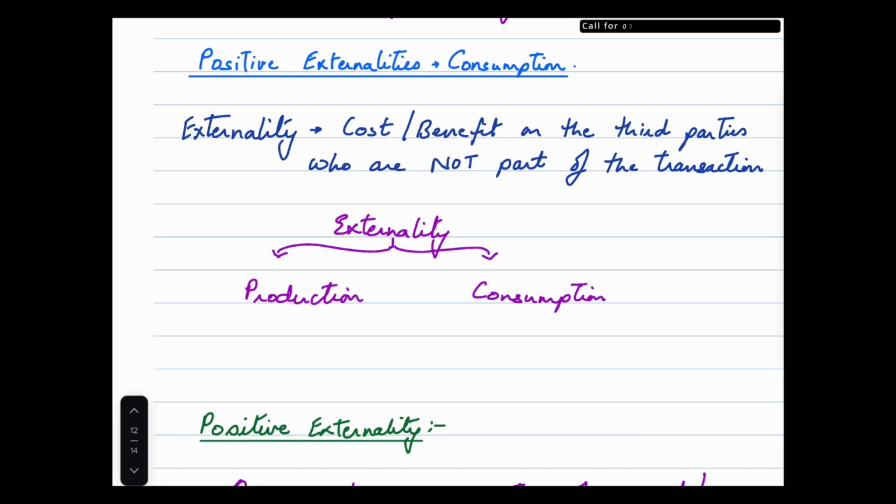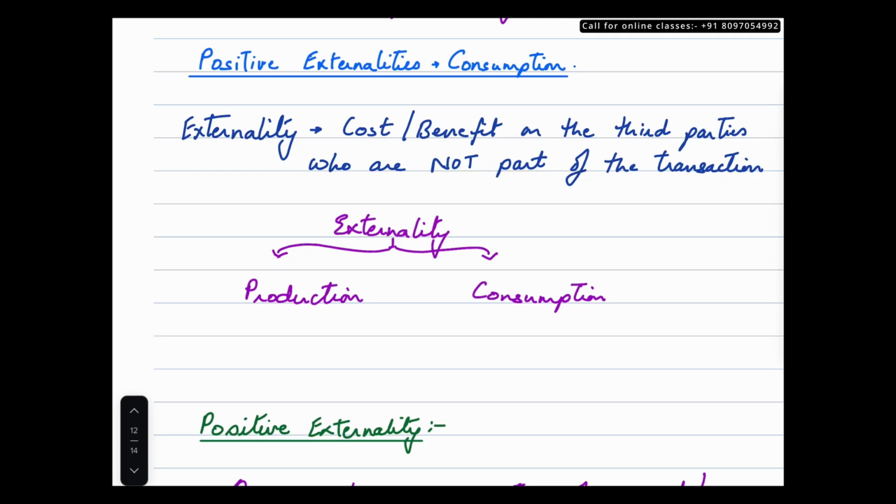Now, before we get on to the technicalities of positive externalities of consumption, let us quickly recap what an externality is. There's a detailed video made on externalities and the concepts around them. You can visit those if you are new to this topic. Alright. Now, what is an externality? An externality is a cost or a benefit that falls on third parties, someone who is not a part of that buying and selling transaction.